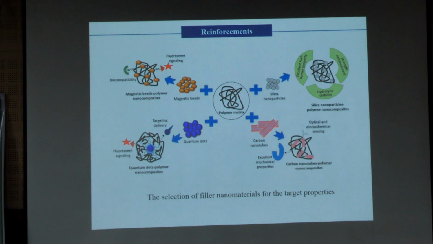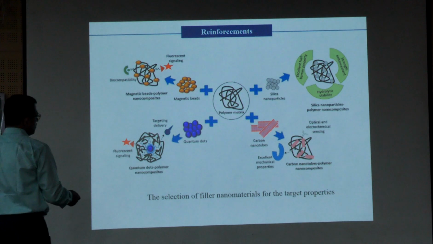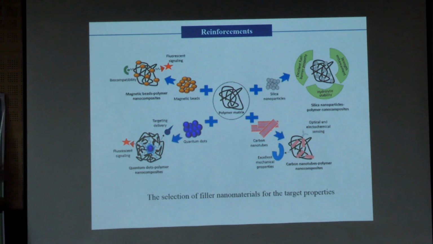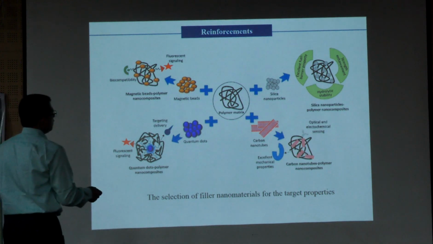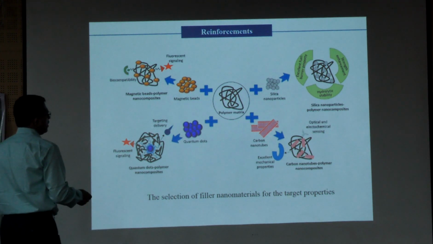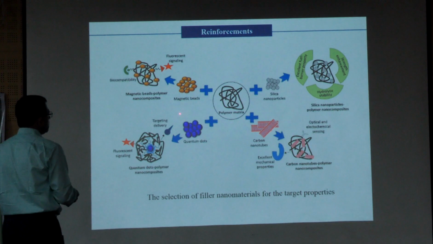Depending on our requirement, we use different reinforcement. If the matrix is a polymer matrix, you take any of the polymers from the previous category, either natural, synthetic or elastomers, and then we add different particles. For example, here we are taking silica nanoparticles, here carbon nanotubes, here quantum dots, and here magnetic beads.